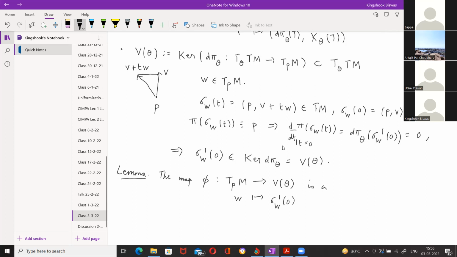So this is a linear isomorphism. So this vertical fiber V theta is identified with TpM. It is isomorphic to TpM.